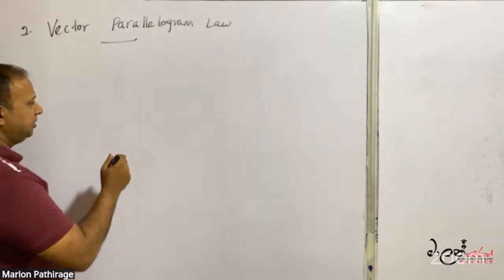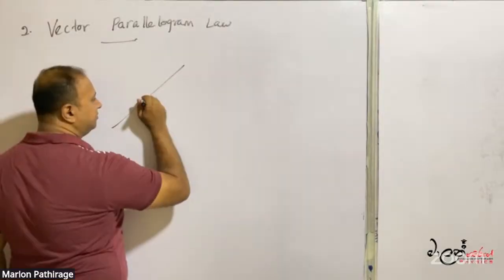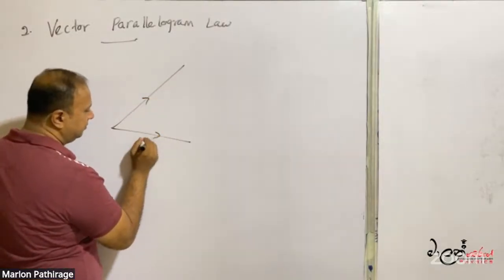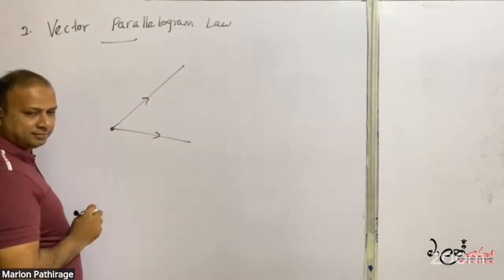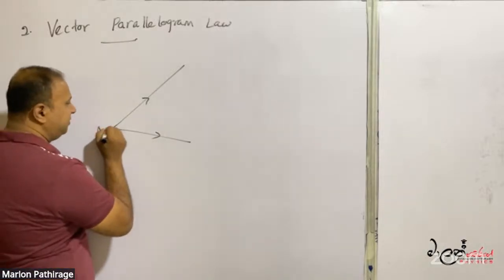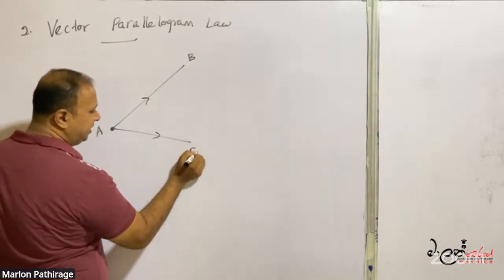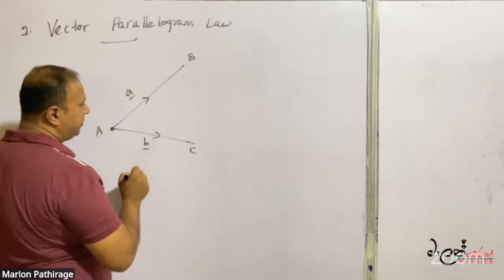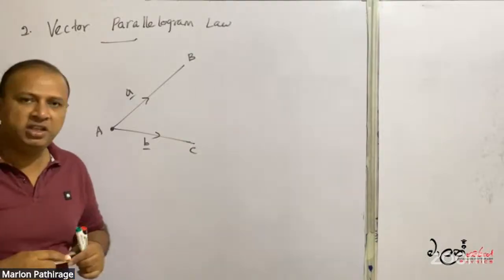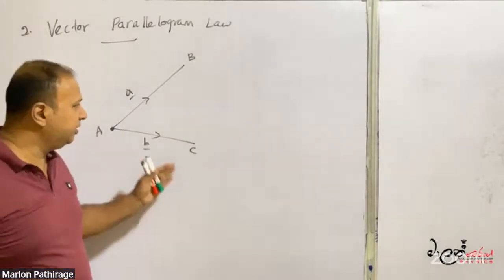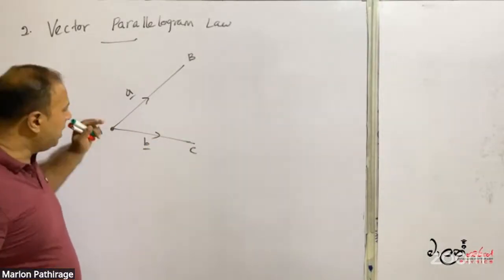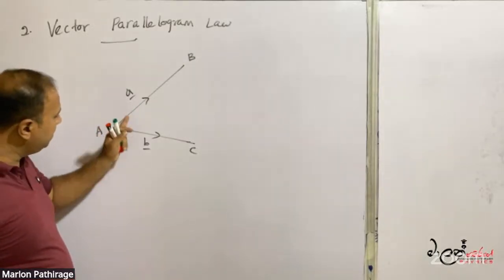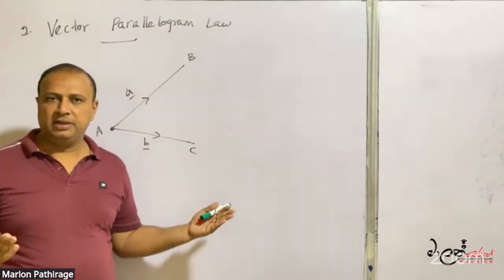That means this kind of figure. This vector is AB, this vector is AC. Suppose this is A, this is B. Now the starting points of these two vectors are equal.